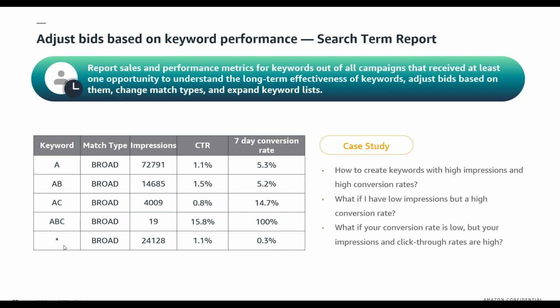For example, if this keyword is wireless Bluetooth keyboard, it is relevant and you're getting a lot of clicks, but you're not getting orders. Maybe take a look at what is appearing around your product detail page. Maybe a competitor with a better price and better features is targeting you as well.